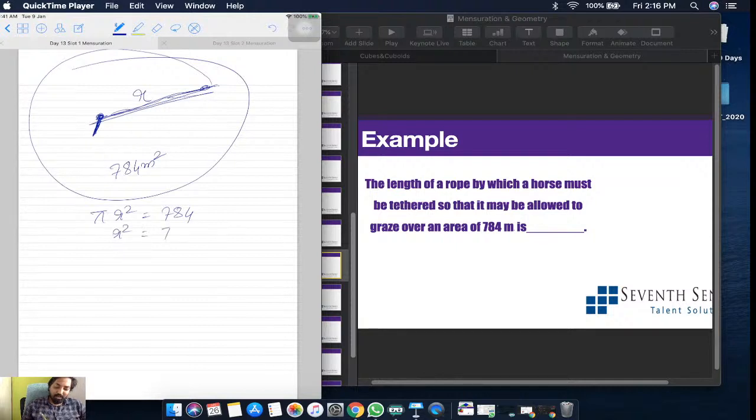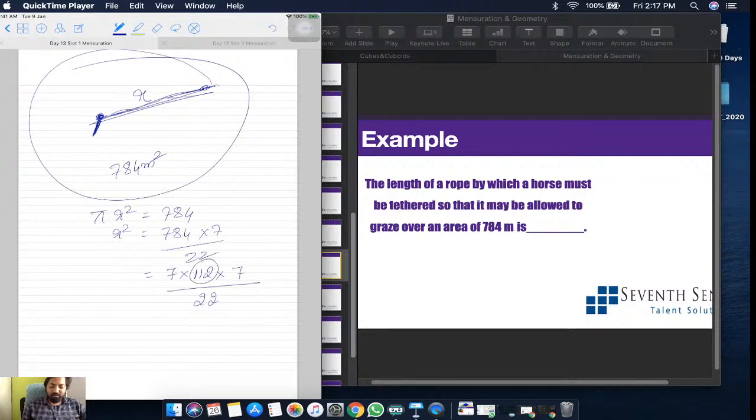R squared is 784 into 7 by 22. Is this divisible by 22? Is it divisible by 11 at least? 777 is divisible by 11. 784 is 7 into 112. 112 into 7 divided by 22.